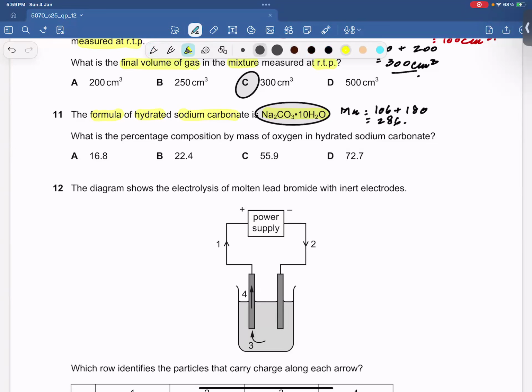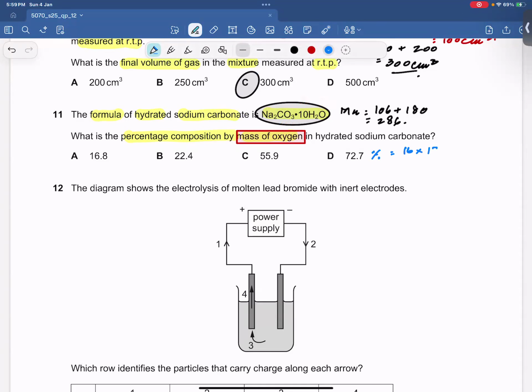What is the percentage composition by mass of oxygen? Oh my goodness, by mass of oxygen. So AR of oxygen is basically 16. How many atoms of oxygen in this formula? We have 3 oxygen atoms here and we have 10 oxygen atoms here. So 10 plus 3, 13.